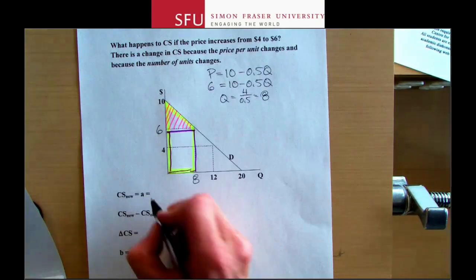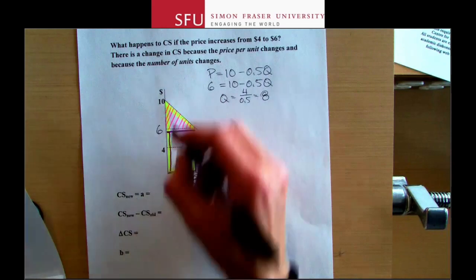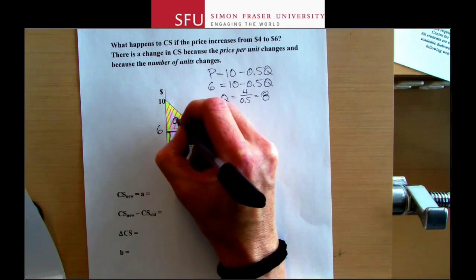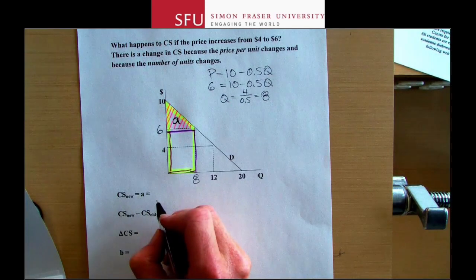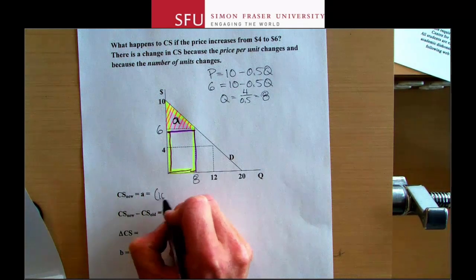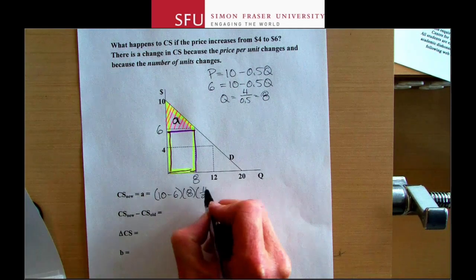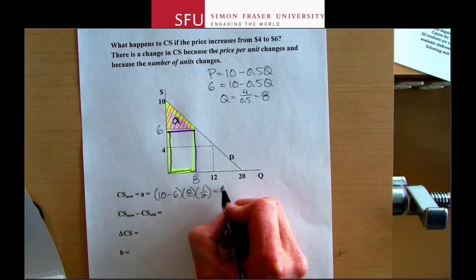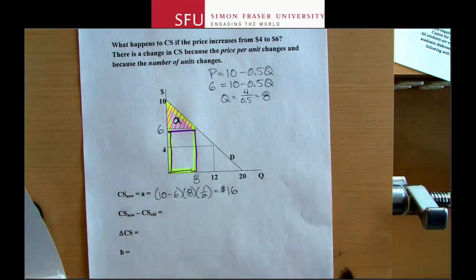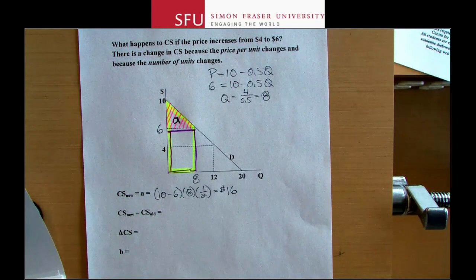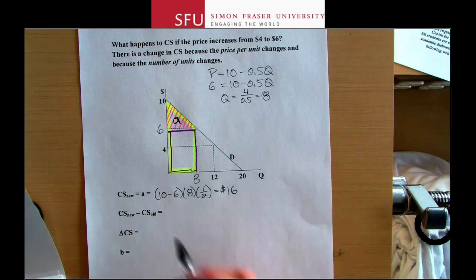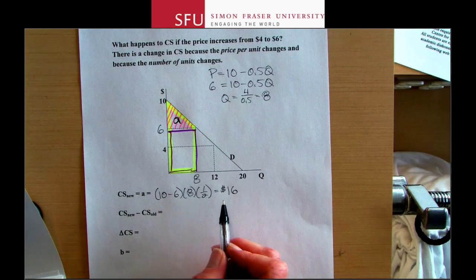Okay, so 10, equals A. Okay, so we'll call that A. All right, so they had $36 before, now they've only got $16, so they've lost $20.